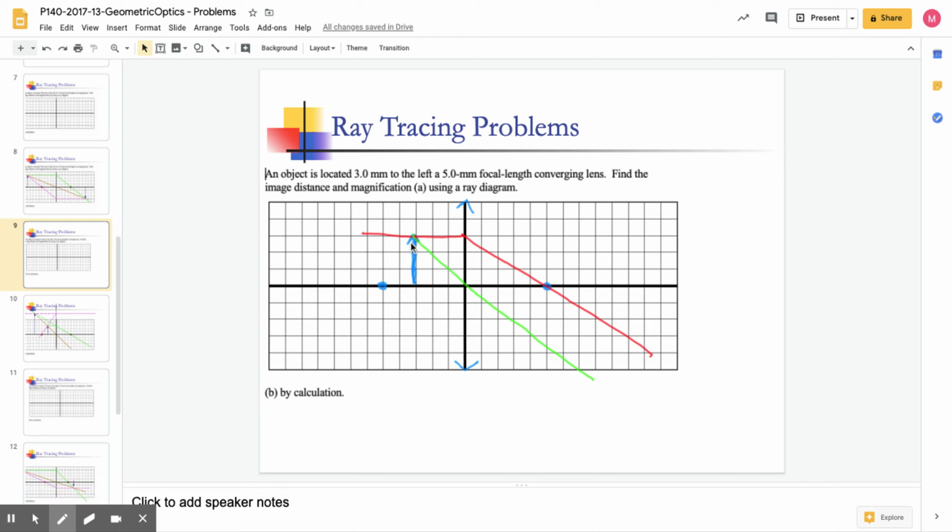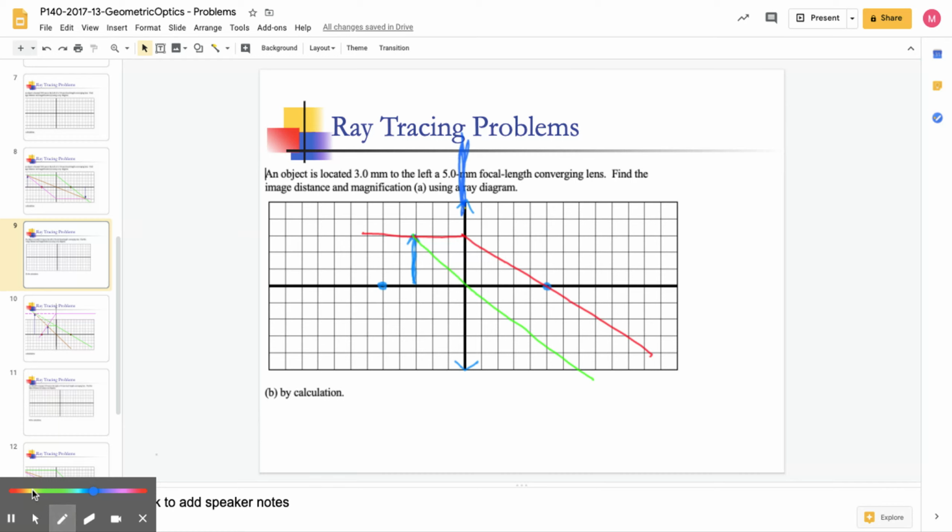So remember, on the first one we went from infinity through the focal point. Now we're going to go through the focal point from the object. So this is going to be kind of tough. I may actually add a line here. I'm going to extend my lens up. So this is my lens, right?